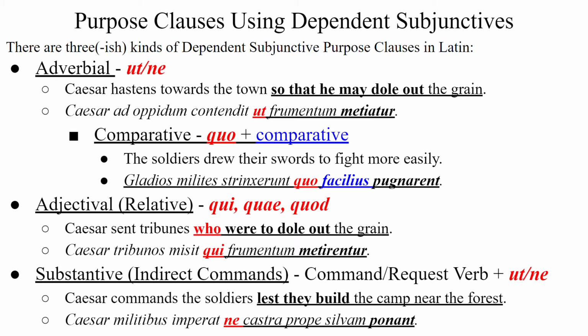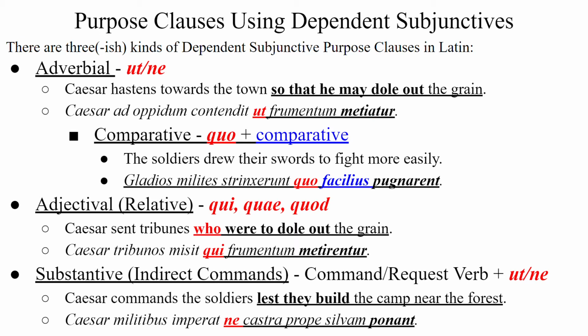That's how it works for purpose clauses, so keep that in mind. So, if Caesar hastened, contendit ad oppidum, hastened to the town, then this would change from metiatur, the present, to metiretur, the imperfect.